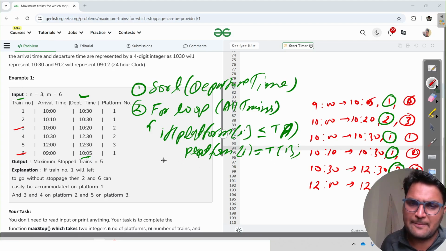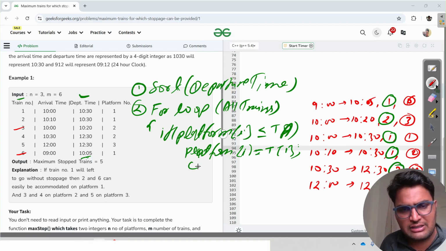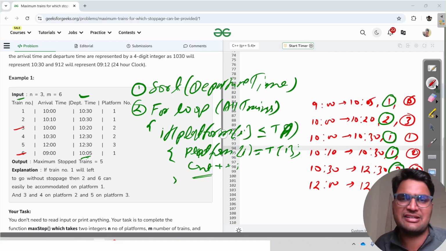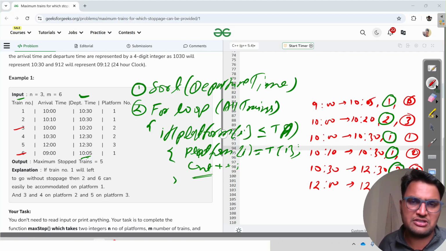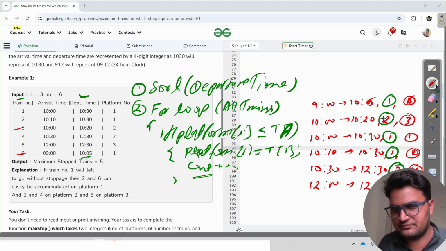Each time we update here, we also do count plus plus. With this count, we can say how many trains we can accommodate on the given n number of platforms. So this is my algorithm. Now let me implement this in C++, and then we will run the use cases also, correct.